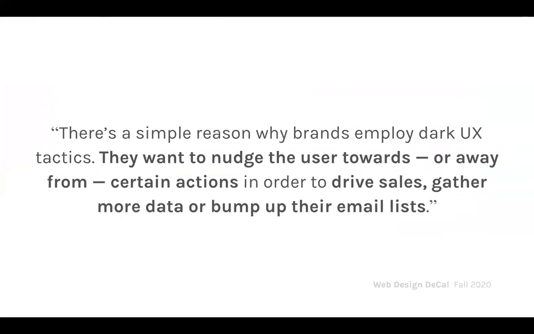So yeah, there's simple reasons why brands employ dark UX tactics. They want to nudge the user towards or away from certain actions in order to drive sales, gather more data, or bump up their email list. Like you saw that they keep trying to get into your mailing list, keep trying to prevent you from unsubscribing.